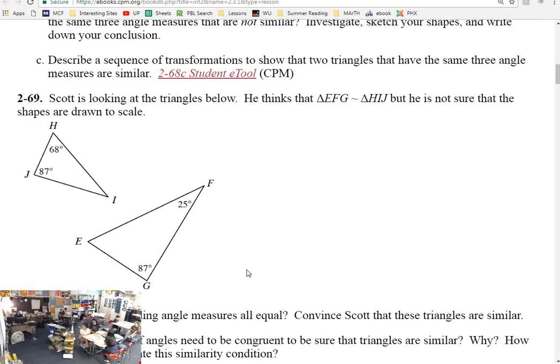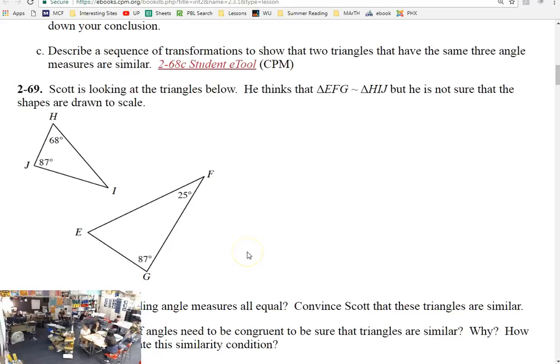So, about angle-angle similarity. Can anyone explain to me what that is saying?